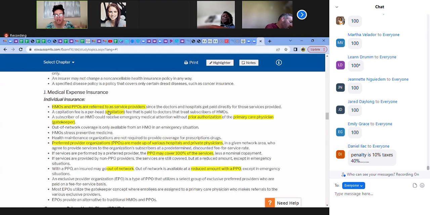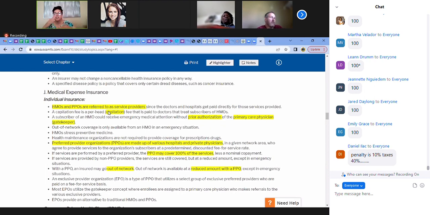What is capitation? Well, you have a primary care doctor that you go and see. Let's say the insurance company was Blue Shield. Blue Shield pays that primary care physician money for you to keep you from going to spend all the insurance company's money.